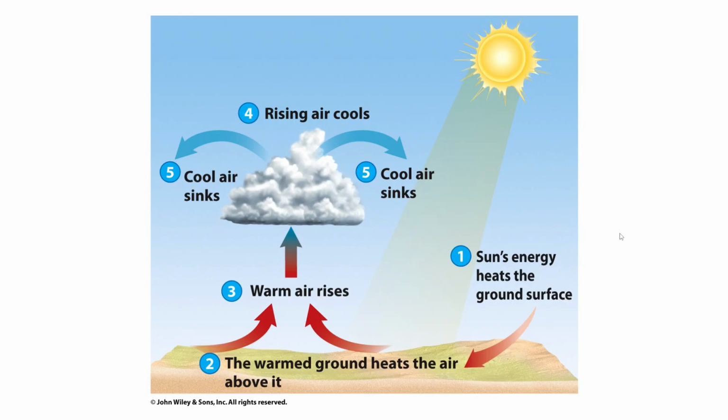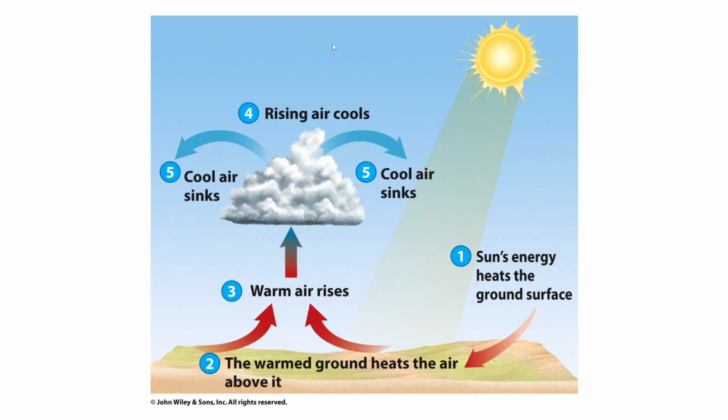Supercells are the result of atmospheric convection. Convection in the atmosphere is when the sun's energy heats the ground surface, and the warm ground heats the air above it, causing it to rise.